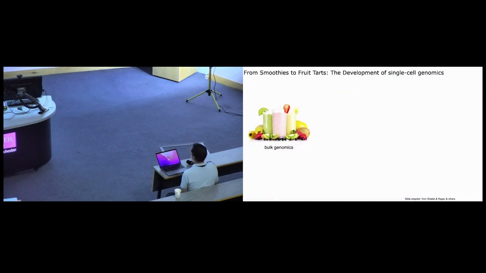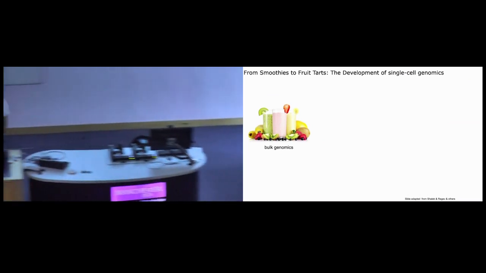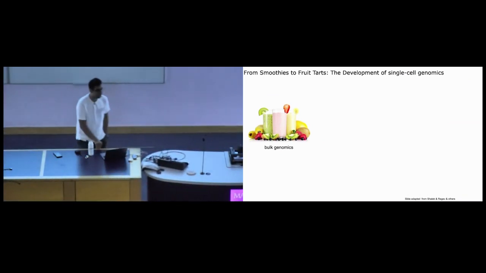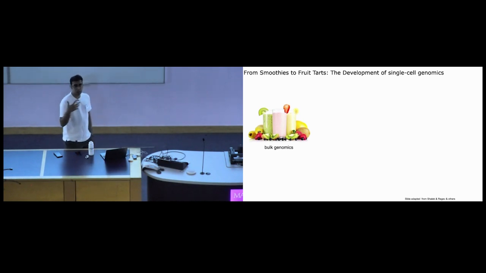But I'll start with basically showing this fruit analogy that we have for single-cell biology, where we have started. So there was bulk transcriptomics, where people actually show it with a mixed, basically smoothie, where you don't know which fruits were there.